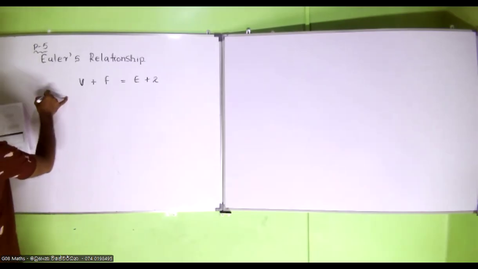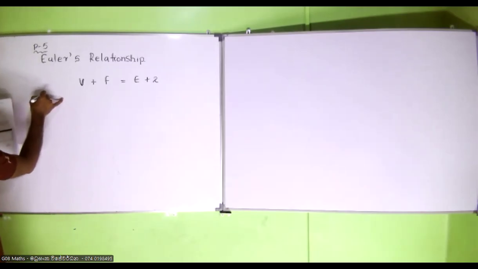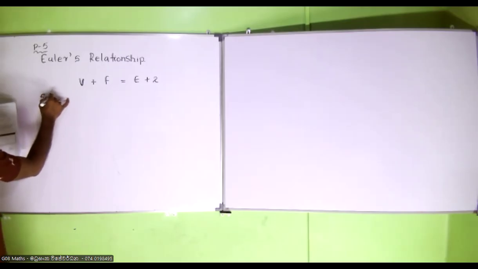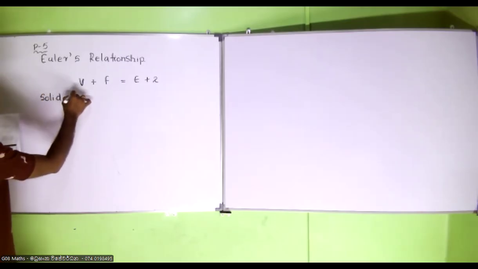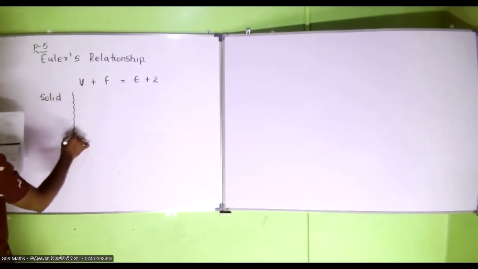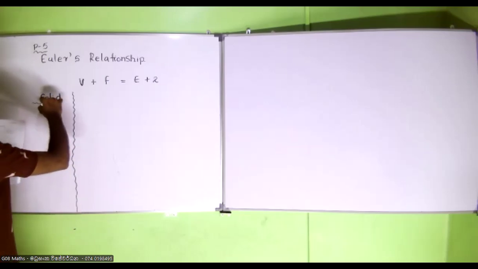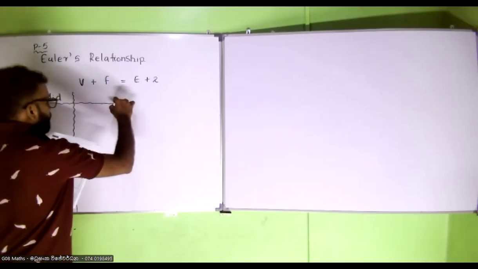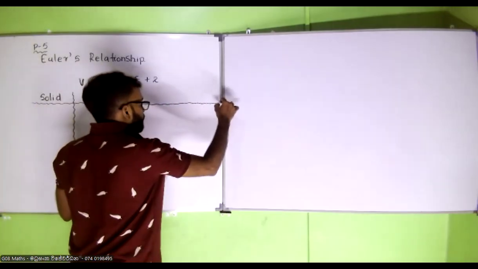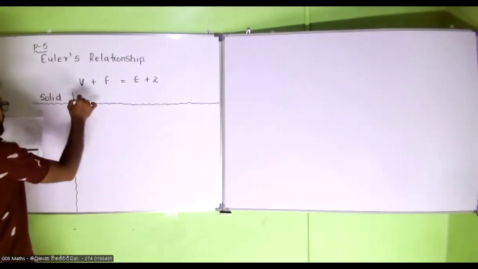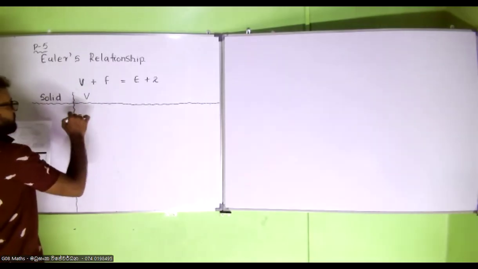Our first column is solid. Here we have number of vertices.